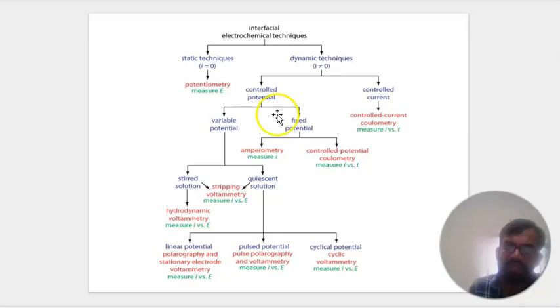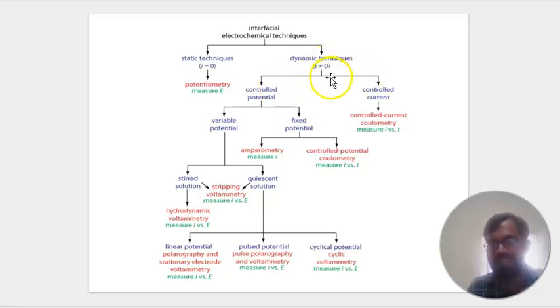Then coming to the interfacial electroanalytical techniques, nowadays people are using static techniques and dynamic techniques. Mainly the electrochemical techniques are two types: static techniques and the second one is dynamic techniques. So the static techniques, you can see here, simply we'll call it potentiometry, measuring of the current.